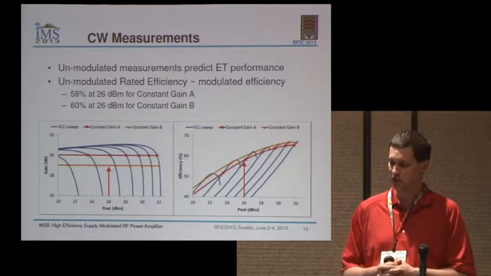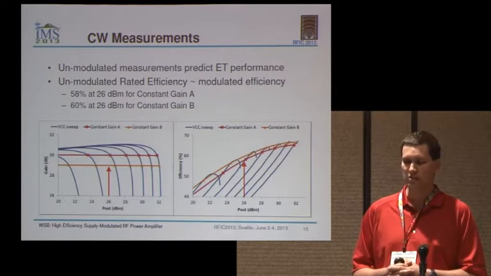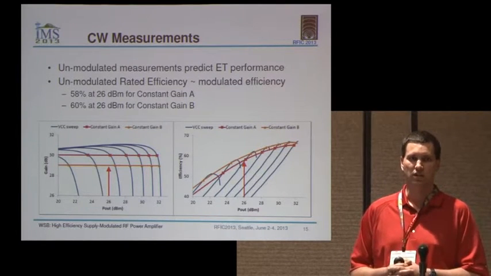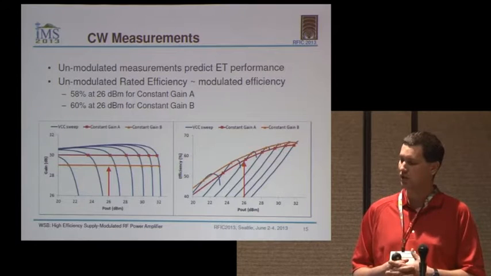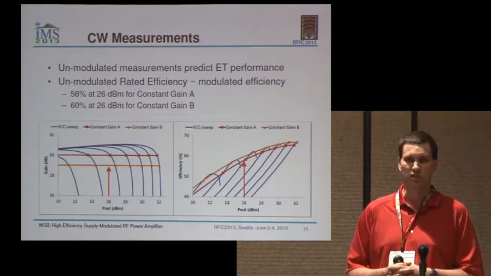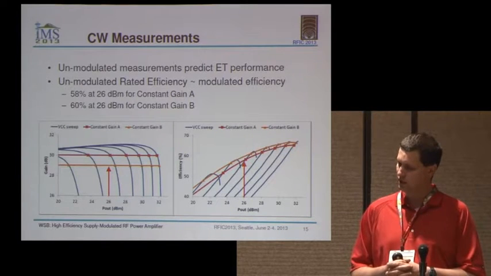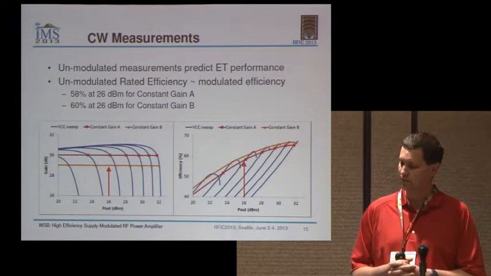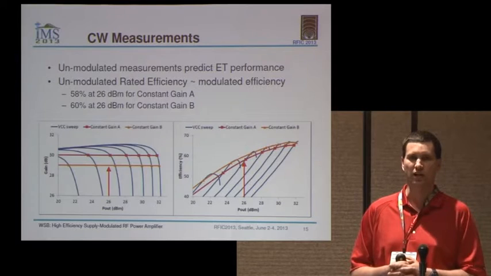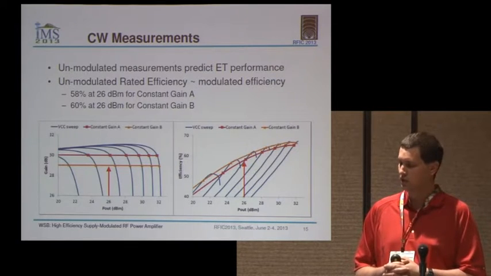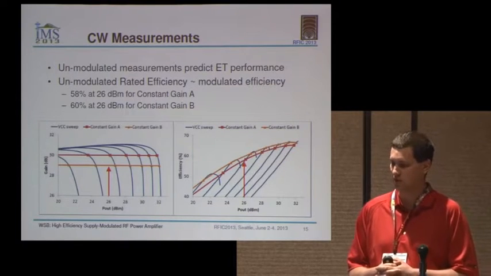In this case, we see approximately 58% efficiency at 26 dBm when we use the constant gain near 30 dB. And if we go up to the higher compression level of 29 dB constant gain, we can see an efficiency of 60% at 26 dBm.